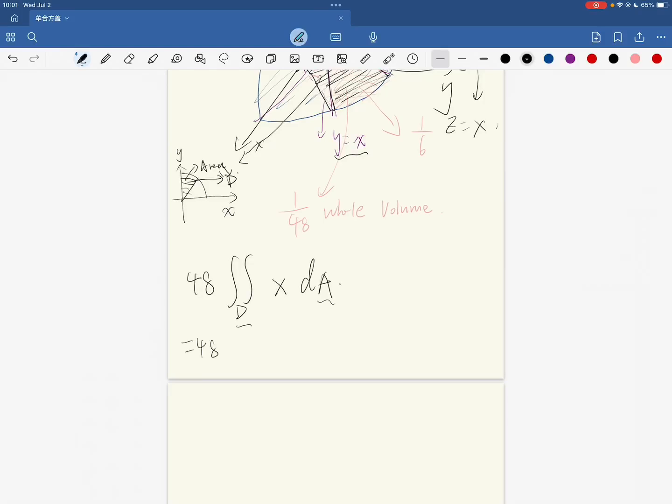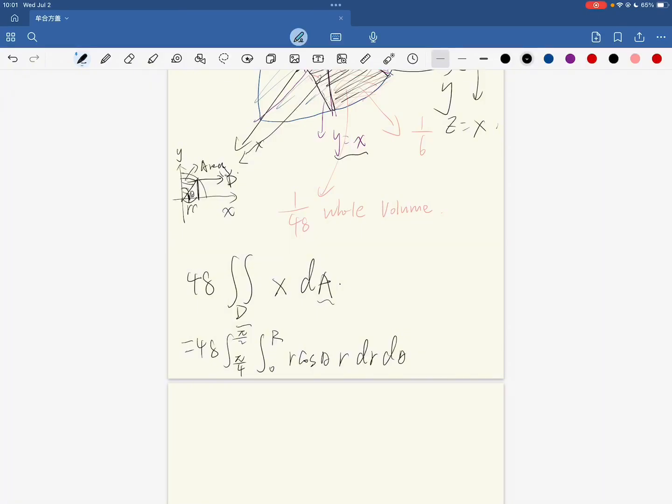And we could further write it in polar coordinates. Actually theta goes from pi/4 to pi/2, and r from 0 to r cosine theta, with r dr d theta. Since x is r cosine theta, this is theta.